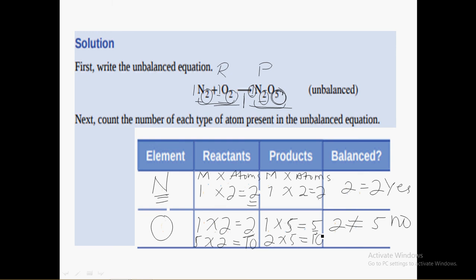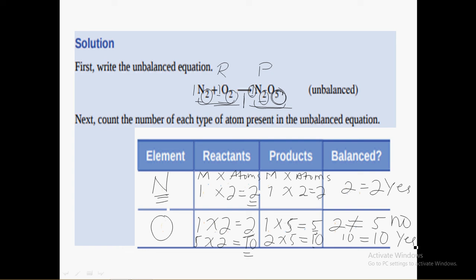So you think about which number will facilitate getting an equal number. So you will multiply that number. Now 10 is equal to 10. Balanced. But we change here 5.